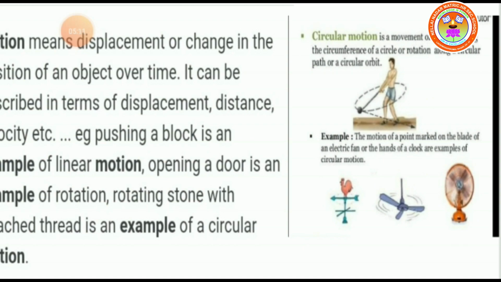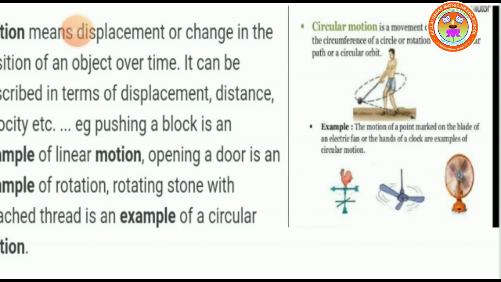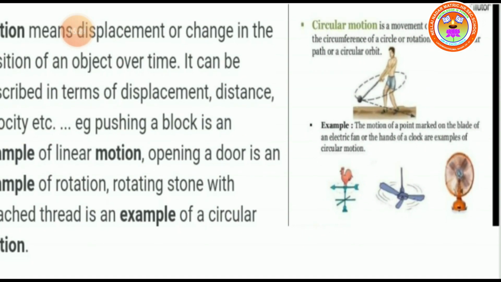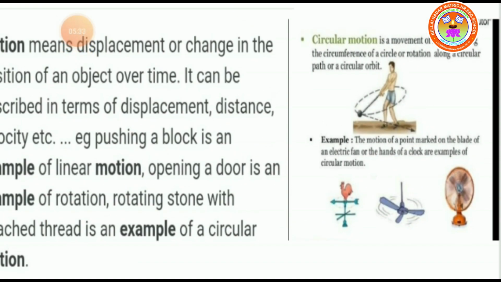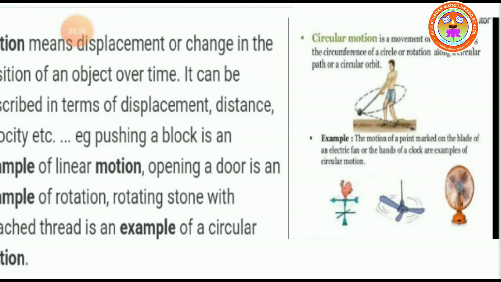Circular motion is a movement of an object along the circumference of a circle. That means an object travelling in a circular path is said to be in circular motion. Example: the motion of a point marked on the blade of an electric fan. So a rotational or circular motion example is an electric fan.